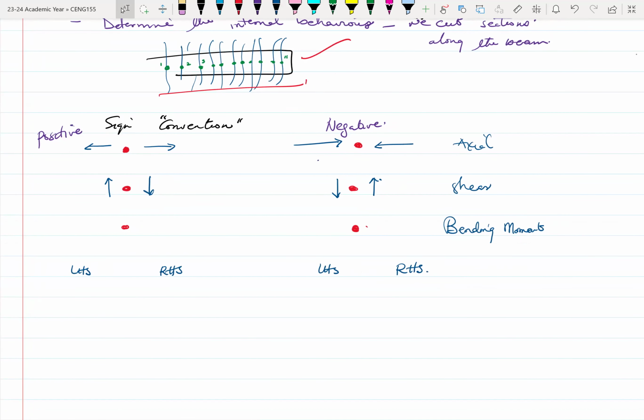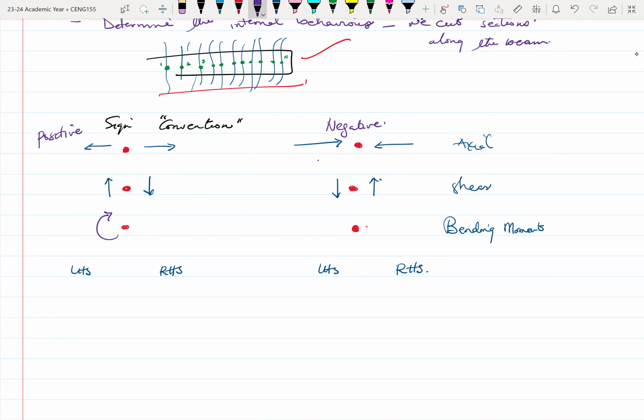All right. Then with the bending moment, any forces that are causing bending or any point moment, if they are acting clockwise, sorry, and then they're on the left, then they are positive.